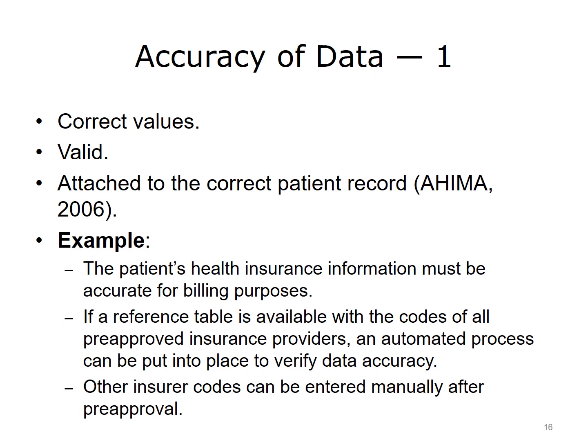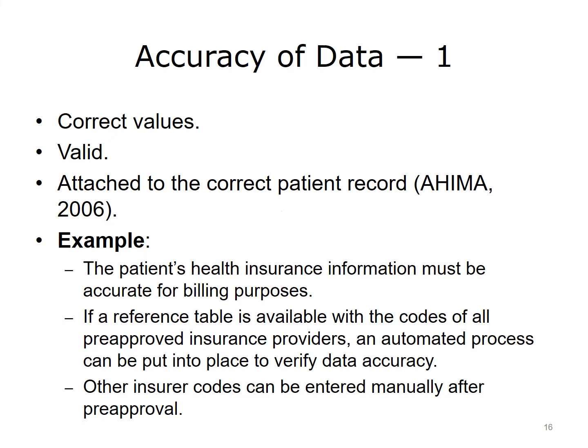Payment for appropriate care rendered is critical to the survival of any provider in all care settings. During the registration process, insurance information must be gathered and validated. You, as an HIT professional, can assist in improving the data quality in this process. By working with business office personnel, you can establish a process to develop and maintain a reference table with codes for all approved insurance providers.